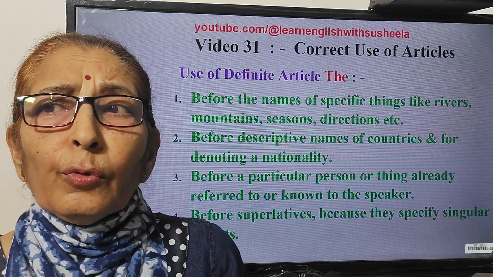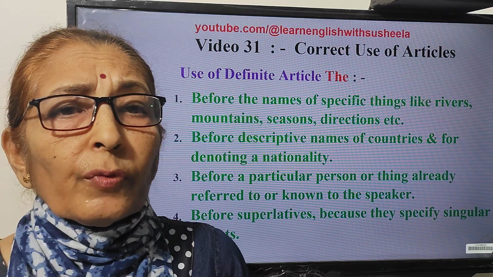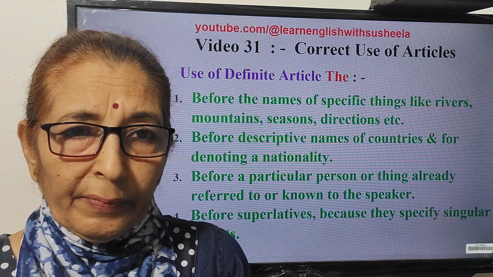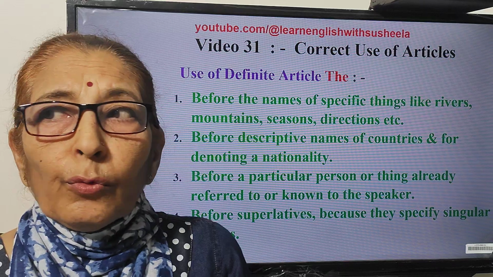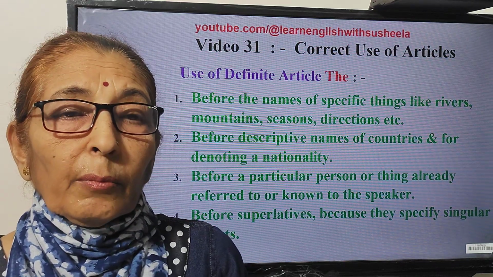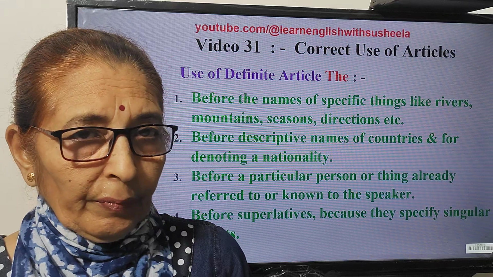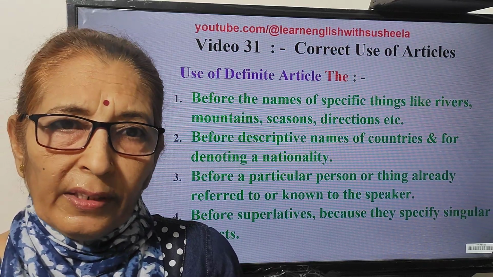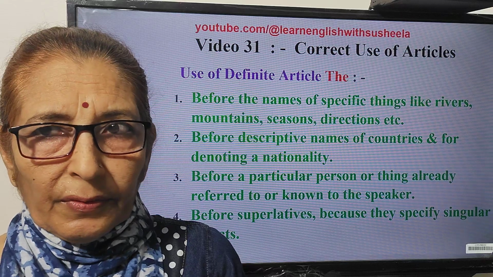Then second, we use it before descriptive names of countries like the United States of America, and we use it for denoting nationality. For example, the English, it refers to the English people, the French, the Indians.